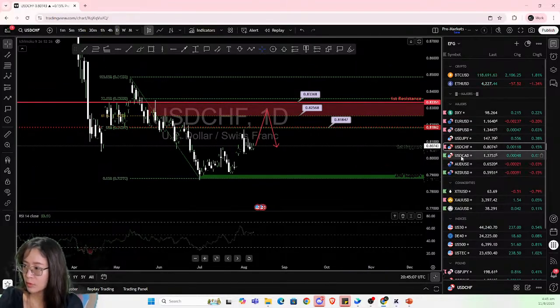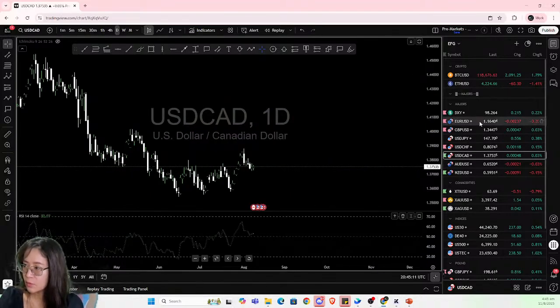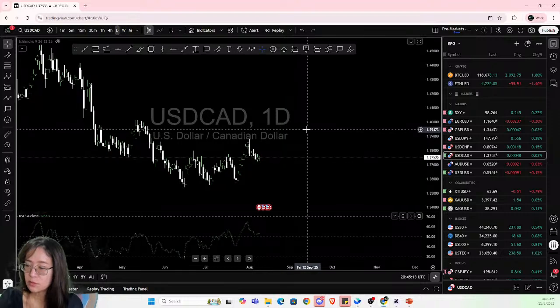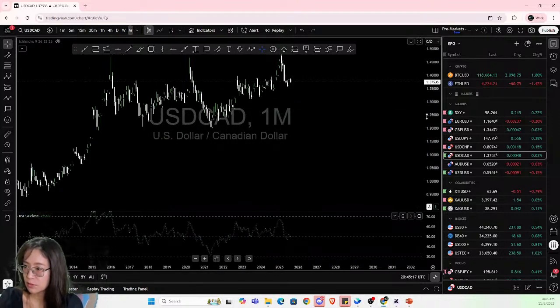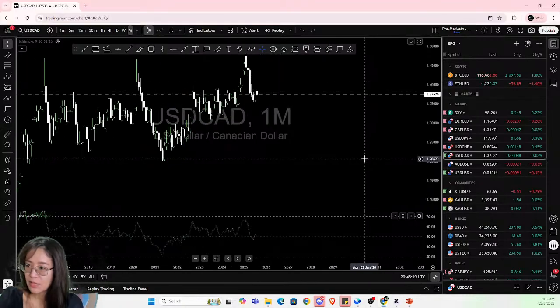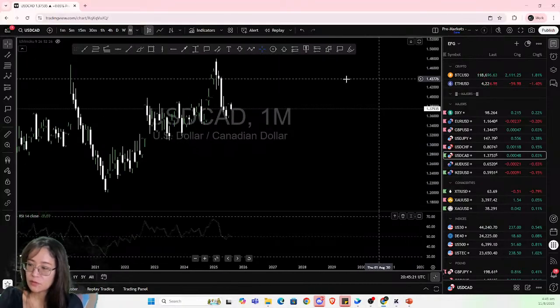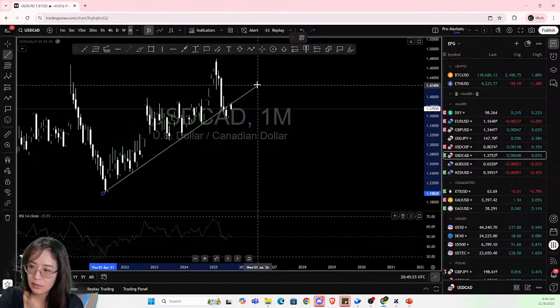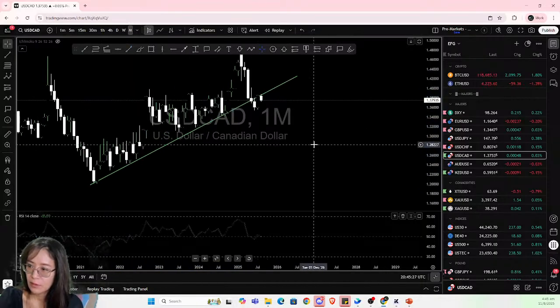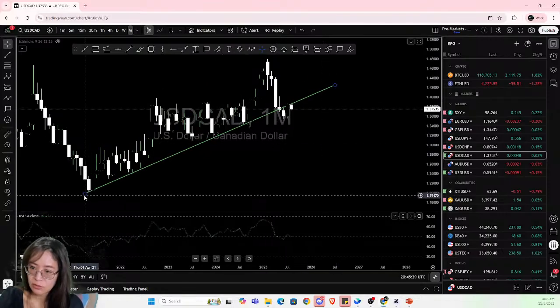I will move on to the USD CAD. Anyone trade BTC? If you want me to do analysis for BTC, you can let me know as well. On the monthly time frame, you might see that price already broke the trend line, the bullish trend line.